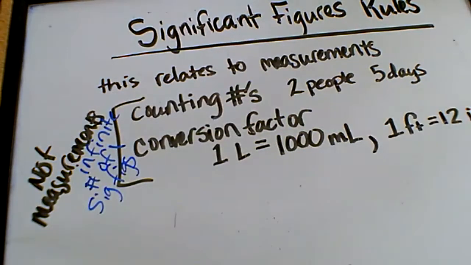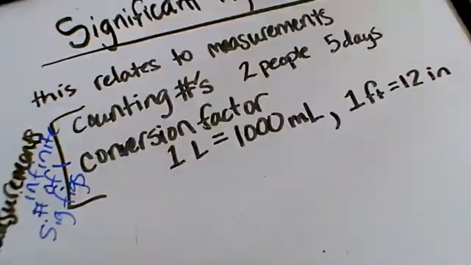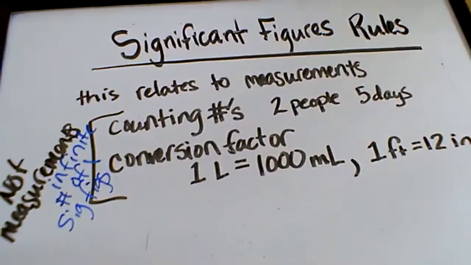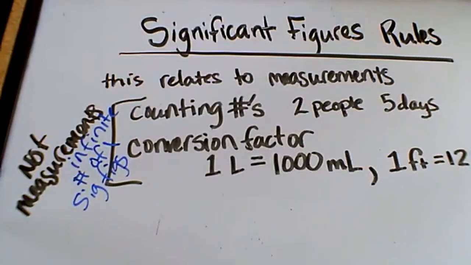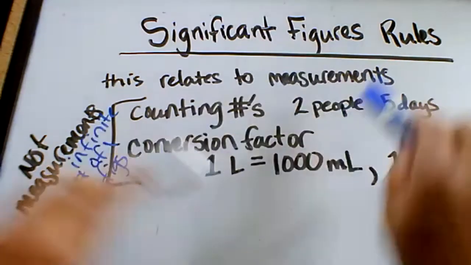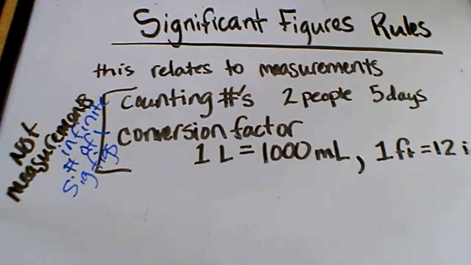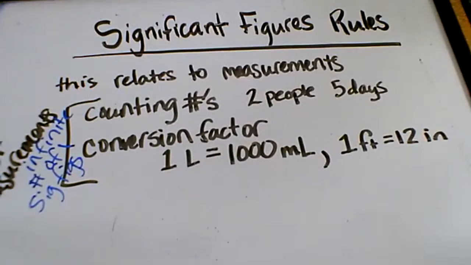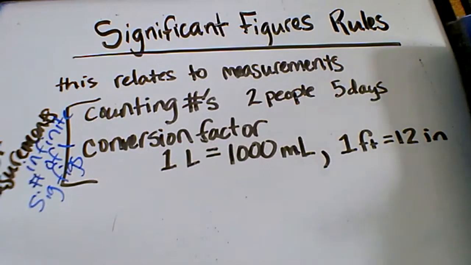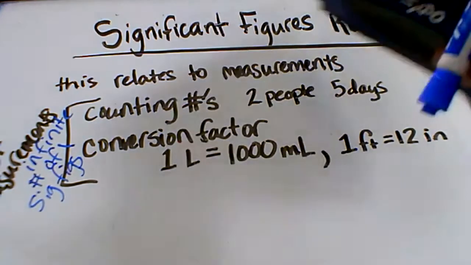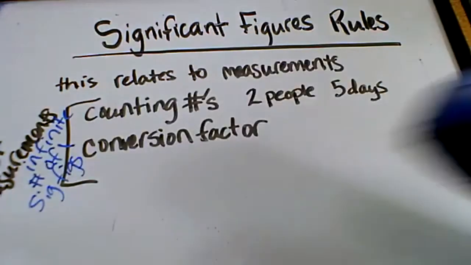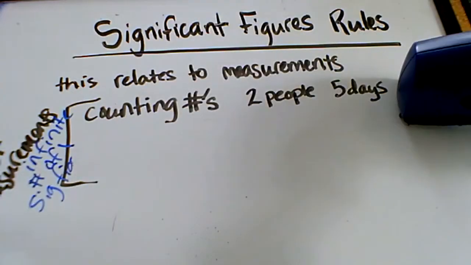What that means is that when we go to rounding our answers appropriately at the end of a problem, we don't need to worry about numbers like this. They will not affect how we determine what our answer should look like, okay? I'm going to erase this now. So when we talk about the sig fig rules, conversion factors do not apply, and counting numbers do not apply, all right?